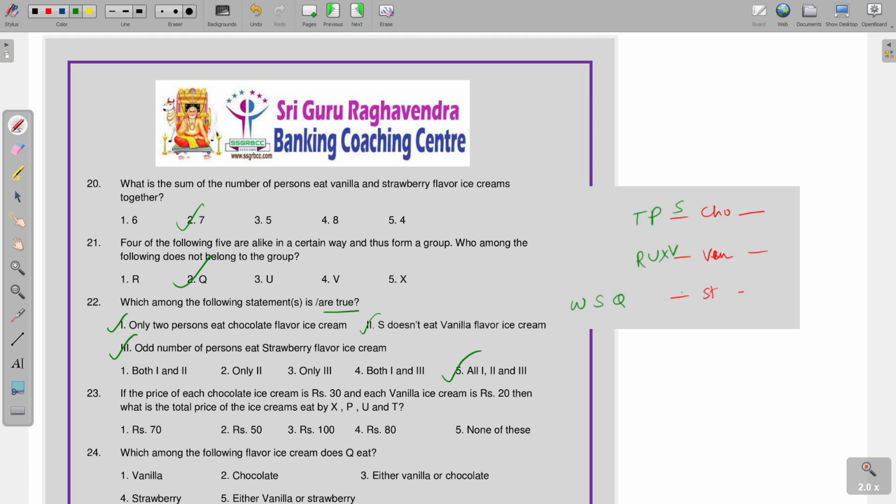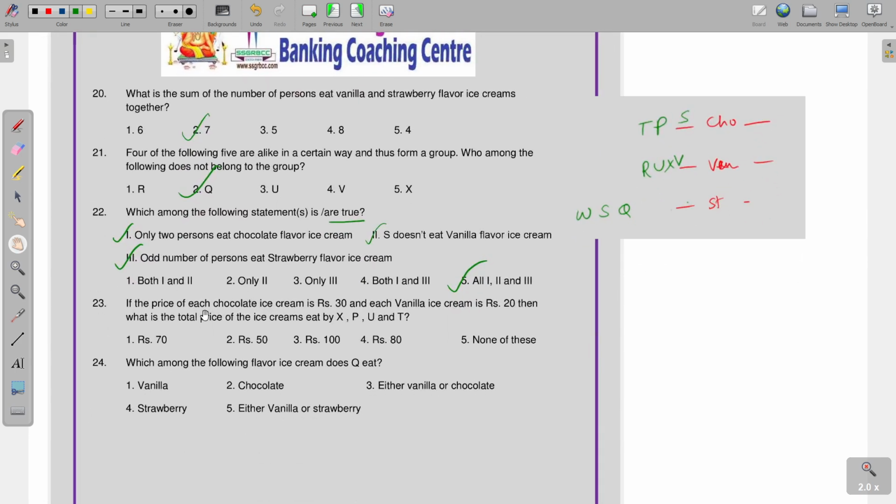And next, question number 23. If the price of each chocolate ice cream is 30 and vanilla is 20, what is the total price of the ice creams eaten by X, P, U and V? X likes vanilla, P likes chocolate, U likes vanilla and T likes chocolate.